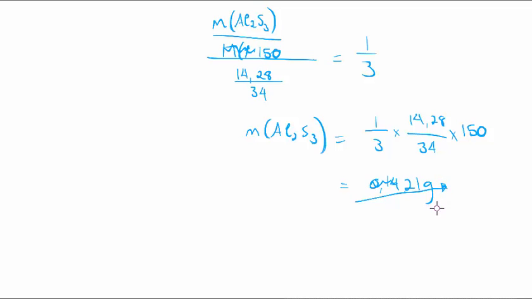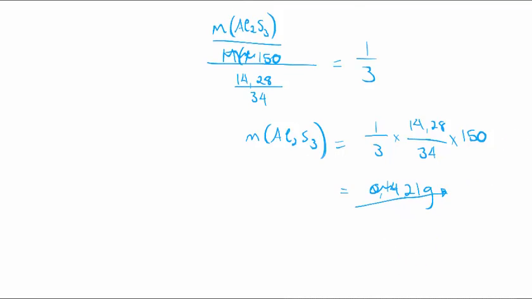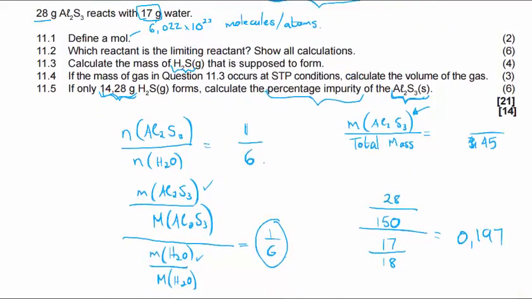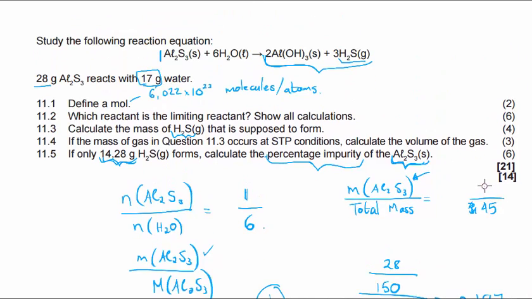Okay, so what did we just calculate? We calculated the quantity used. Is that what I'm going to substitute up here? 21 minus 14.28? No, because 14.28 is hydrogen sulfide. I want to know the percentage of this. 28.